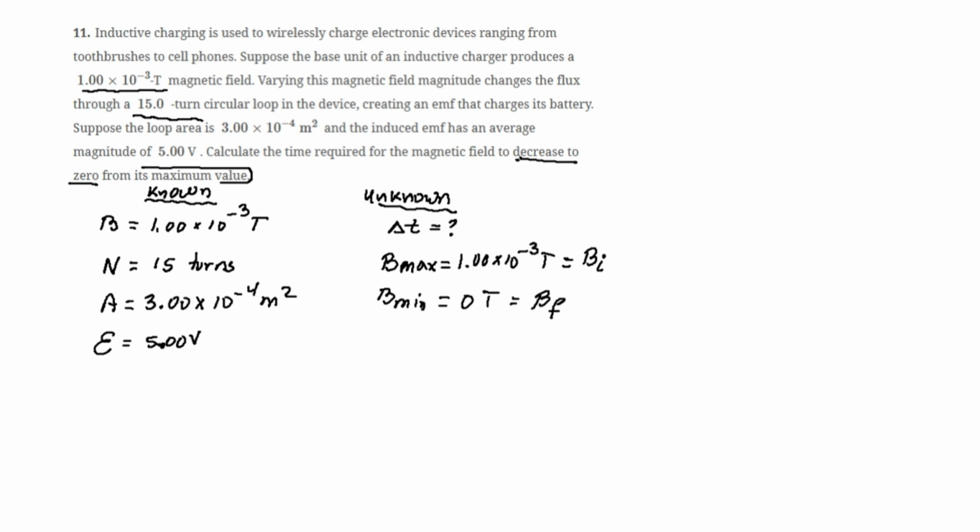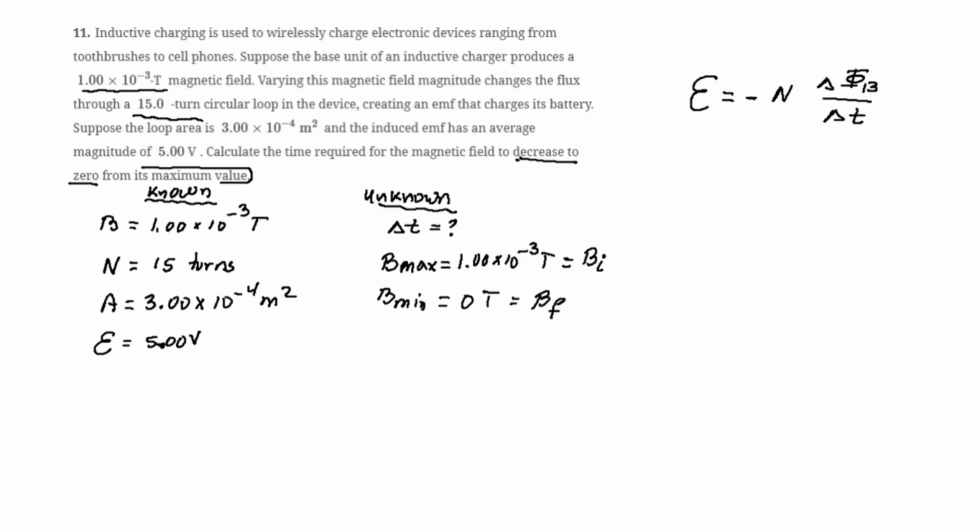Now, what equation relates all the physical quantities? We know that Faraday's law says that the induced electromotive force is equal to negative N delta phi B over delta t.